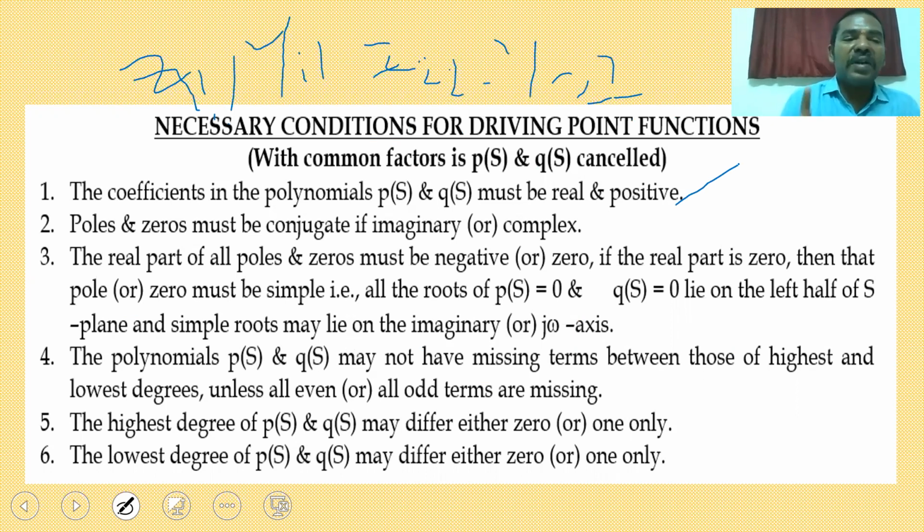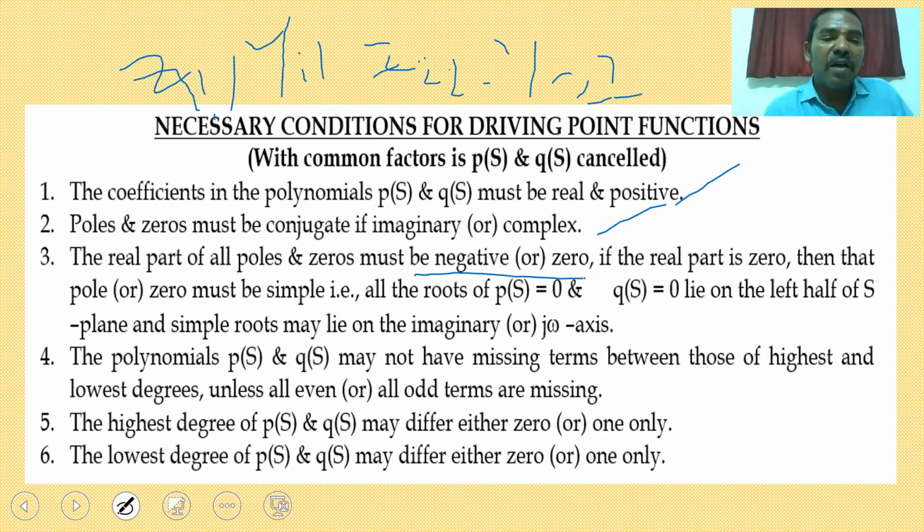Then the poles and zeros, if any complex is there, there must be complex conjugates. So only one complex value will not satisfy the necessary condition. If complex roots are there, they must be complex conjugates only. Then the real part of poles or zeros must be negative or zero.